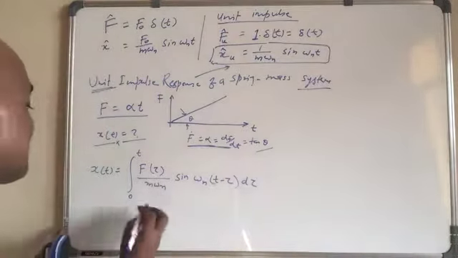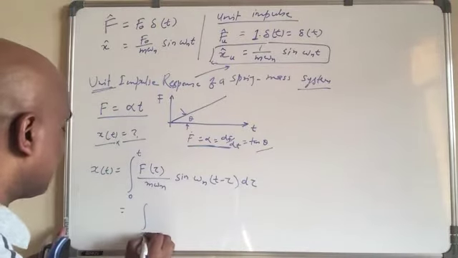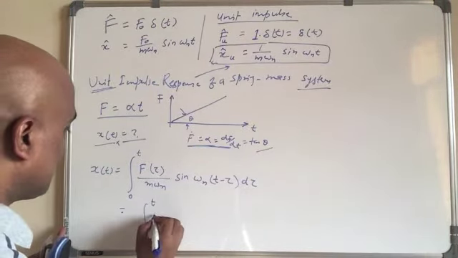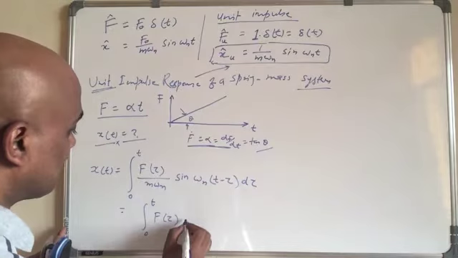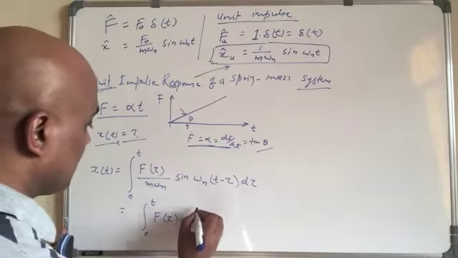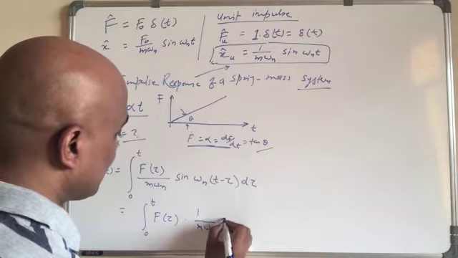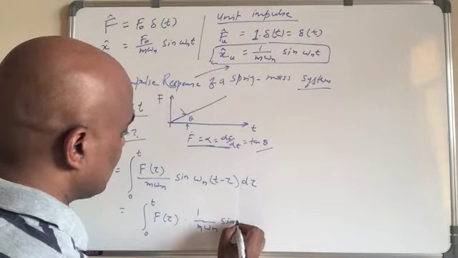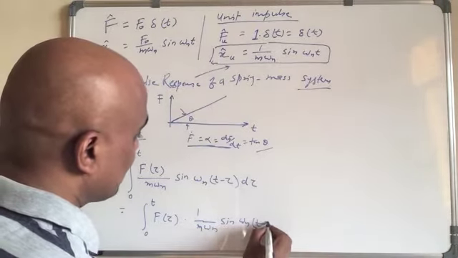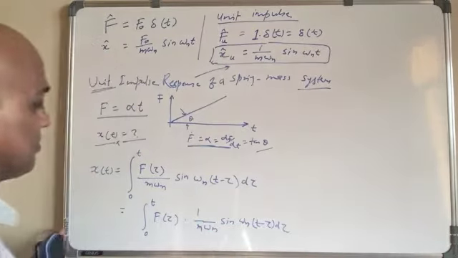Or simply you can recognize this as the integral from 0 to t of F(tau) multiplied by 1 over m omega n, sine omega n (t minus tau) d tau.